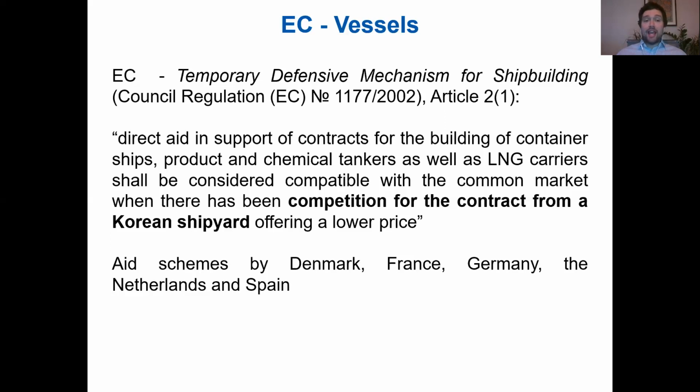And this direct aid would be provided when there has been competition for the contract from a Korean shipbuilding yard offering a lower price. So now, and these schemes were implemented by Denmark, by France, by Germany, the Netherlands, and Spain. So many of the EC members used it.